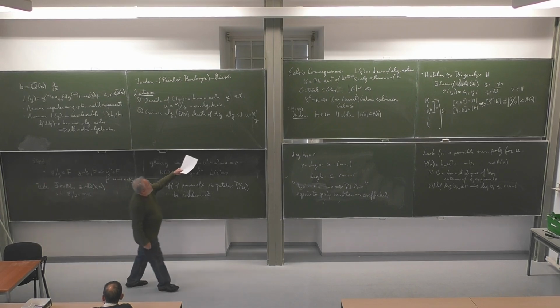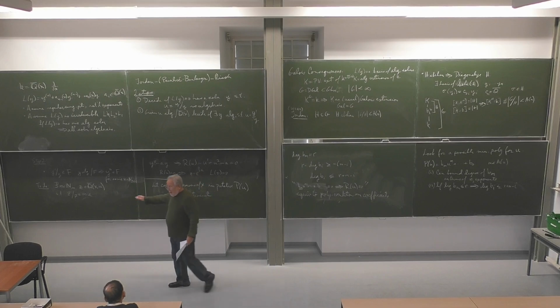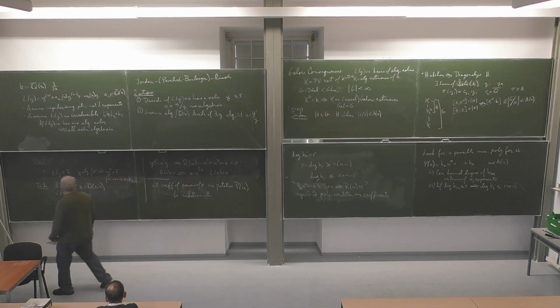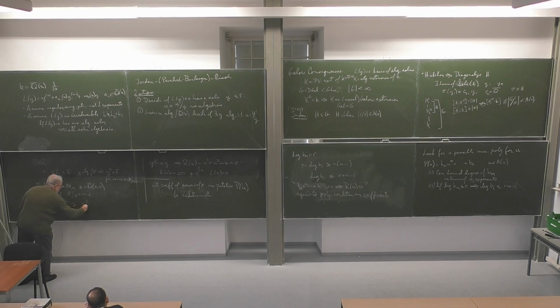So here I wanted y prime over y to be u. Now I want this. And if so, then z to the 1 over m satisfies y prime over y equals u. So I found my y.